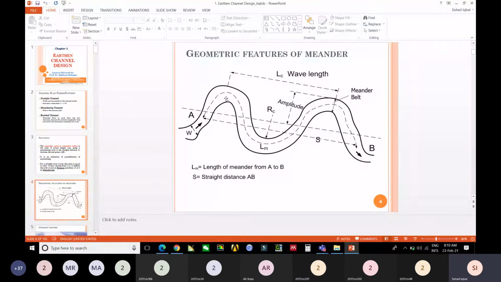So in meandering channels, it has different values. The length of the wavelength may be larger, or it may be lesser. It depends upon the location, and it depends upon the type of sand, that material, that it passes through. So it has different values for different meandering channels.